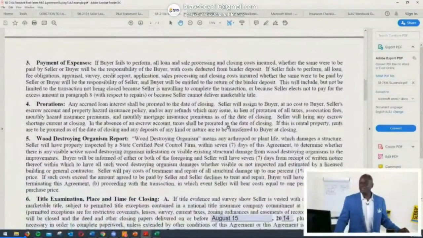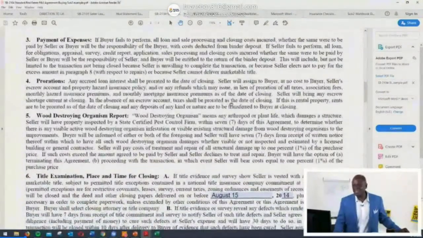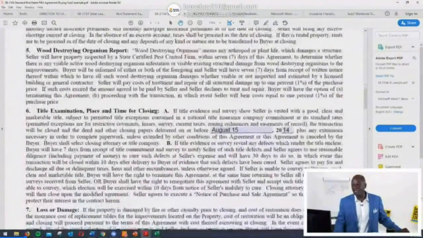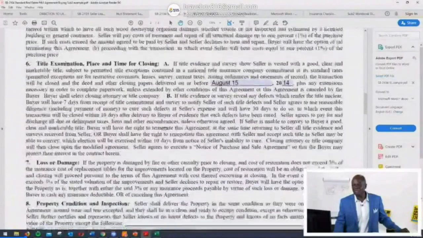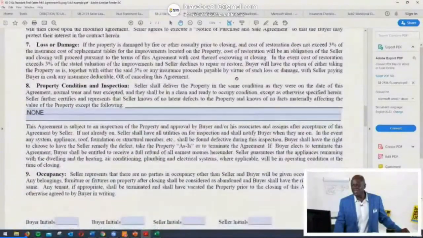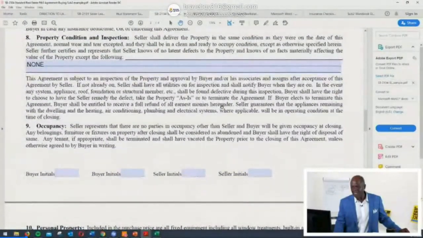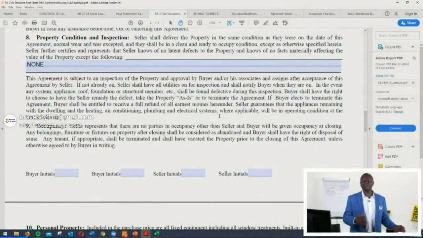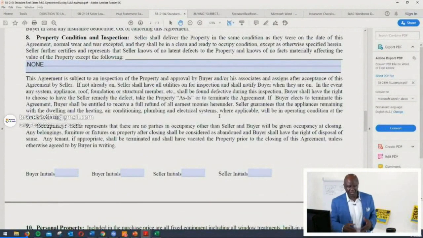I'm not going to read all the verbiage in the contract. You can go through and read it, because otherwise we'll be here all day. But basically, guys, with all of your documentation, make sure you read your contracts and understand them.